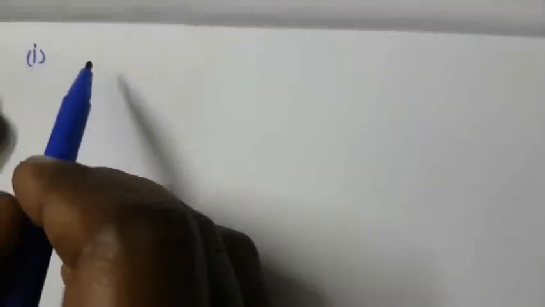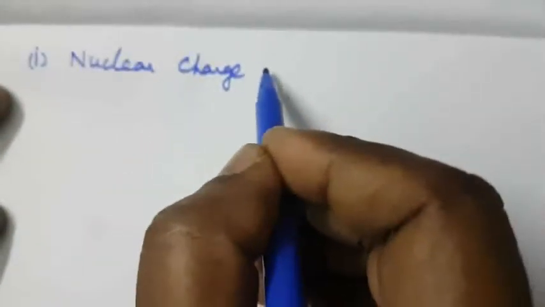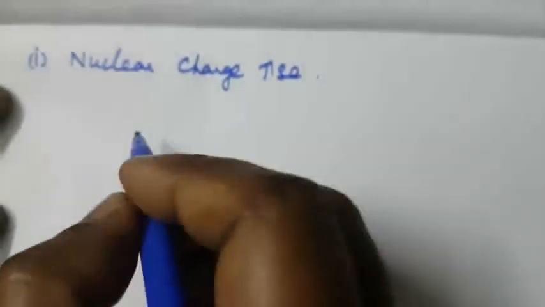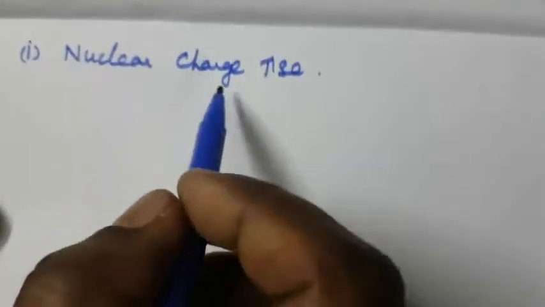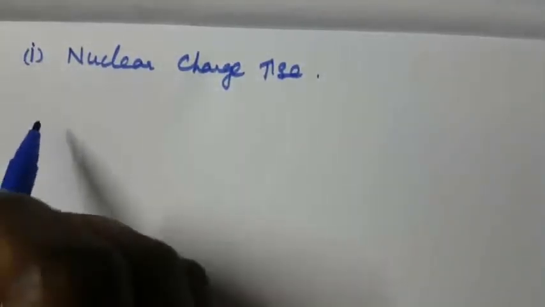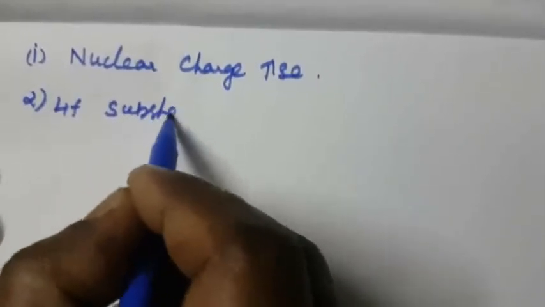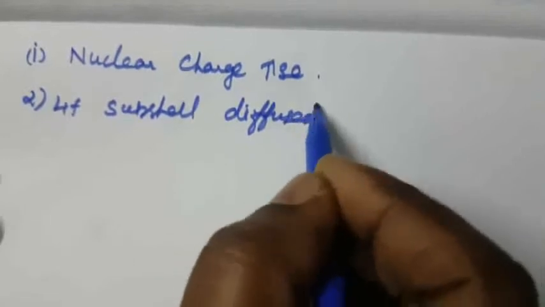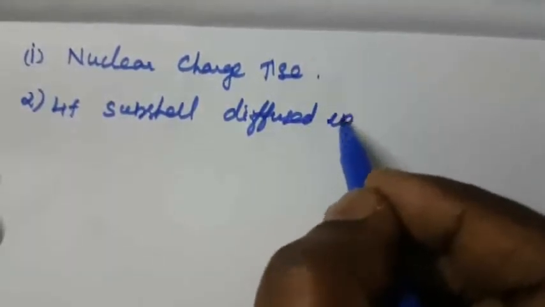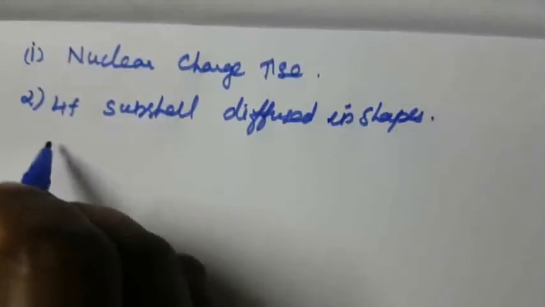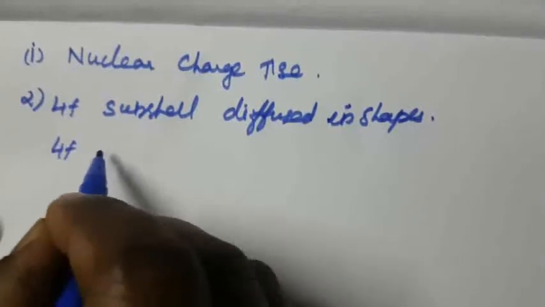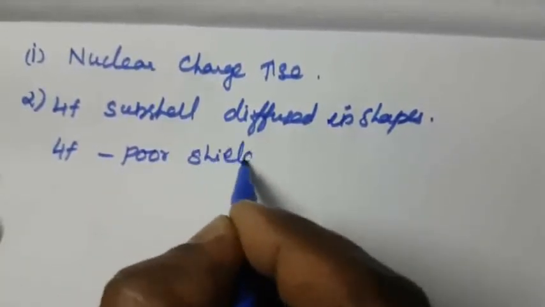The first one is that nuclear charge increases by one with the addition of each electron. The second one is that the 4f subshells are diffused in shape, so the 4f subshells also have a poor shielding effect.